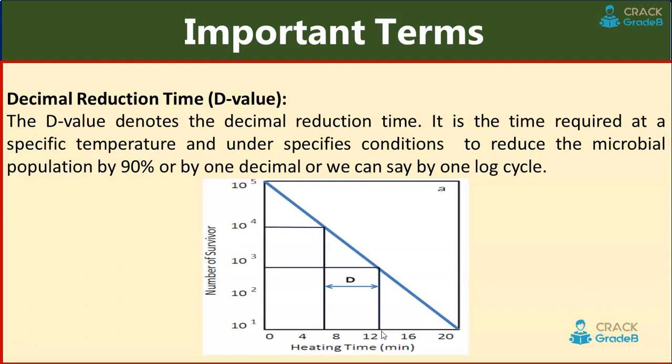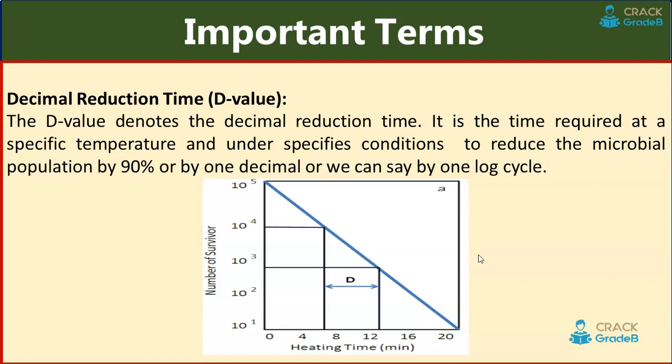After 13 minutes of heating, for example, the microbial load reduced to 10 to the power 3. So for this 90% reduction, it took 6 minutes. So we can say that the decimal reduction time was 6 minutes. And this whole condition was done under a specific, or we can say a constant, temperature.